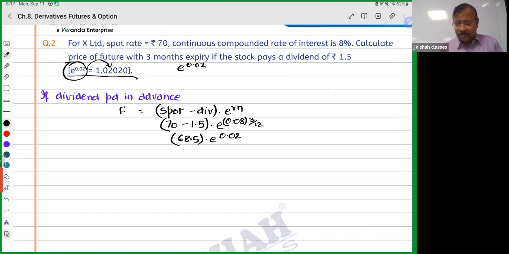See, e raised to 0.02 is 2.7183 raised to the power 0.02. Right? Now, Muzammil, keep following this. Square root of 2.7183, 12 times.